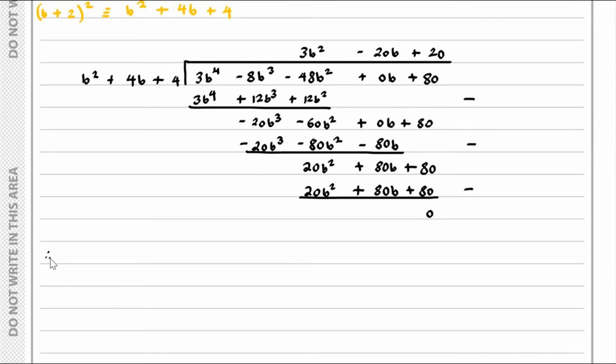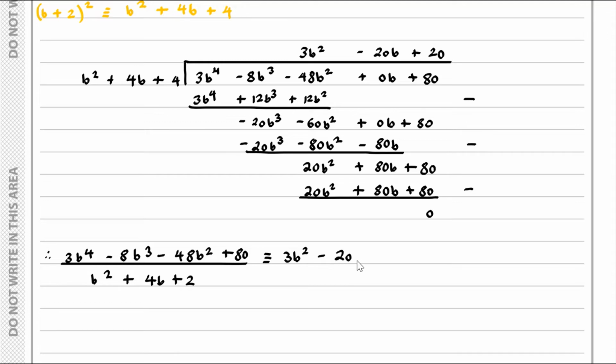Therefore we can conclude over here that 3b to the 4 minus 8b cubed minus 48b squared plus 80, divided by b squared plus 4b plus 4, is equivalent to 3b squared minus 20b plus 20.